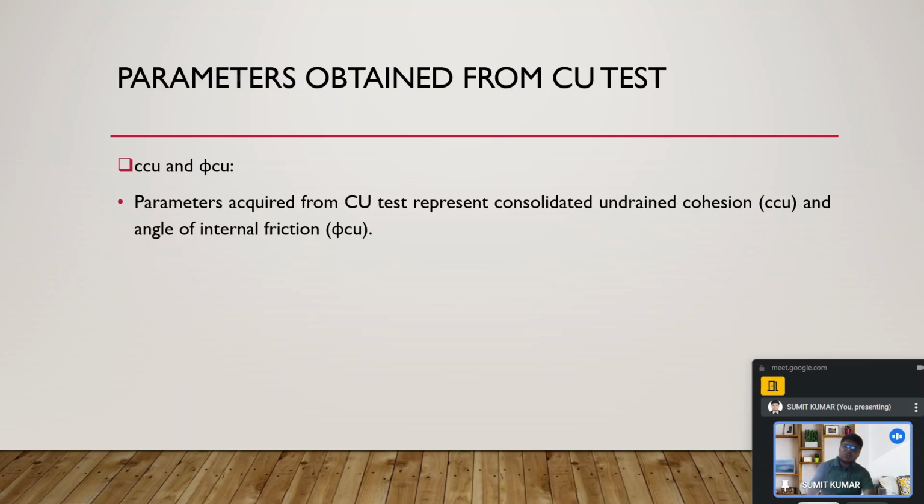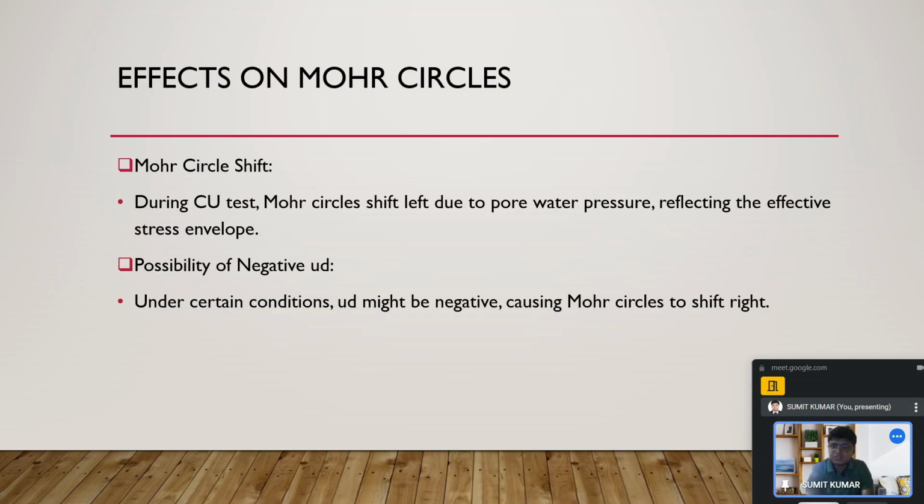Now the parameters obtained from the CU test are the cohesion and angle of internal friction. Okay, effect on the Mohr circle.